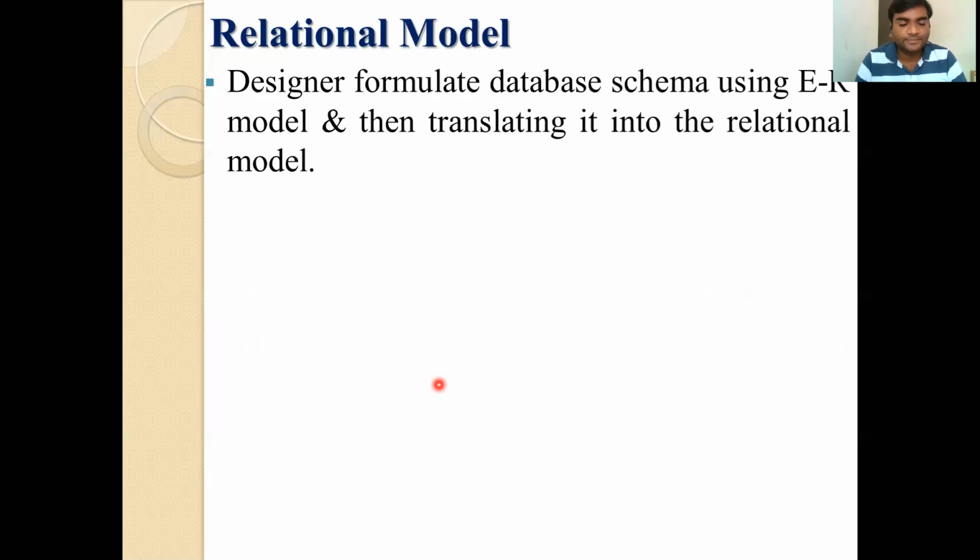Meaning, first the database designer creates an ER diagram as per the requirement. Using the ER model, they first formulate the ER diagram and then translate that ER diagram into the relational model. The relational model is a collection of tables. So first the pictorial representation is created, and after that the diagram is translated into the relational model.